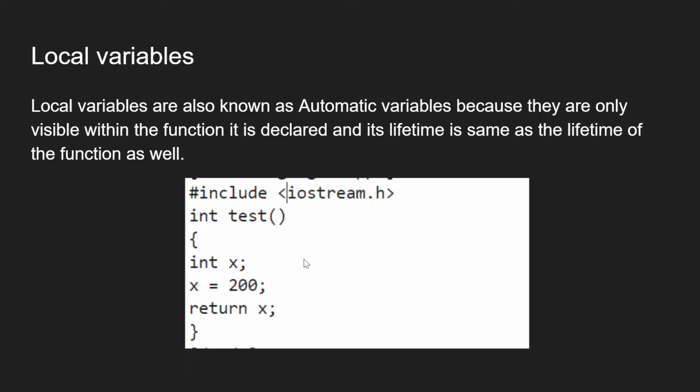If I create another function called, say, test number 2 and try to access the variable int x, it won't be allowed, since it's only been declared as a local variable inside the test function. Its lifetime is the same as the lifetime of the function as well.